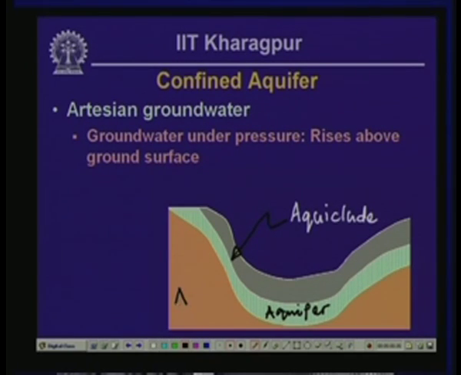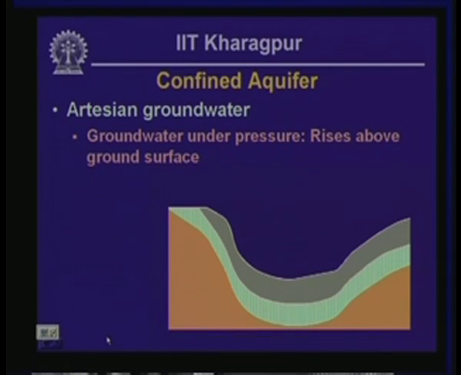So this one is also another unit that fits the definition of aquiclude. So the aquifer in this case is a confined aquifer. Notice that the aquifer is exposed to the surface on the left flank of this particular valley upslope, and this is the location from where the aquifer is going to receive groundwater recharge.